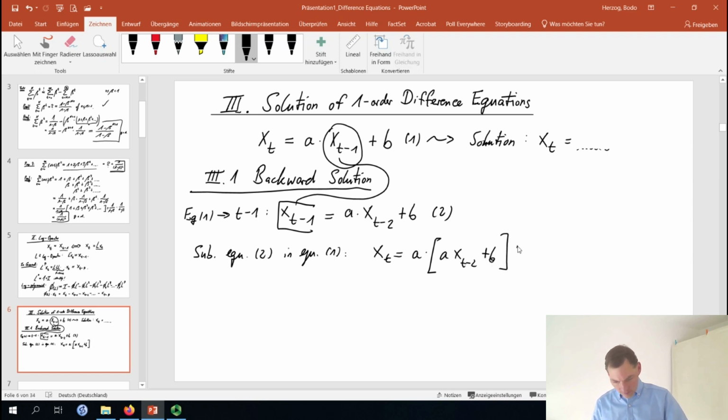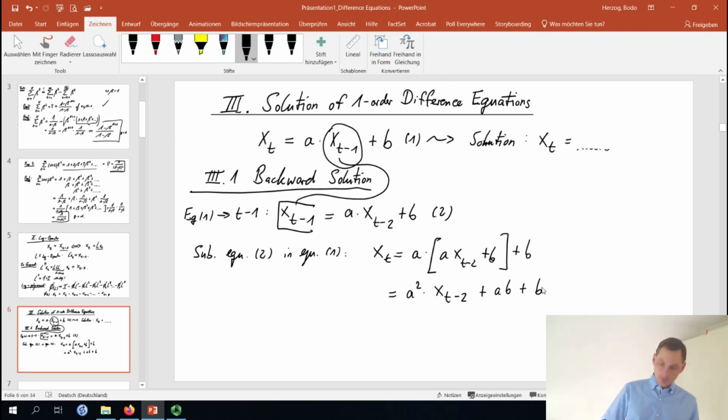And then we have plus b as well here. Okay, this can be rewritten. This gives me an a squared term times x t minus 2. Then we have here an ab term plus b, if I multiply the a into the bracket.